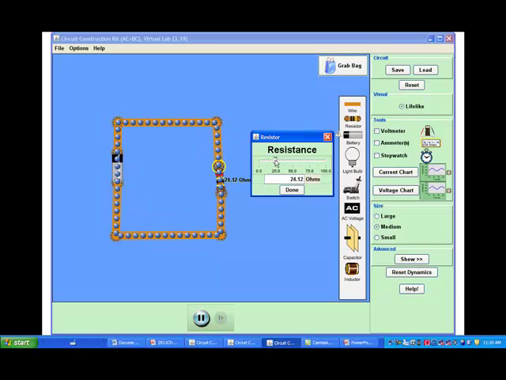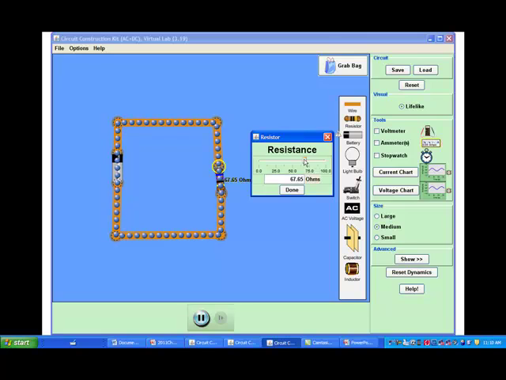Notice what happens as we increase the resistance. Maybe not unexpectedly, the electrons slow down. So what a resistor does is it slows down the rate at which the electrons are traveling through the circuit.